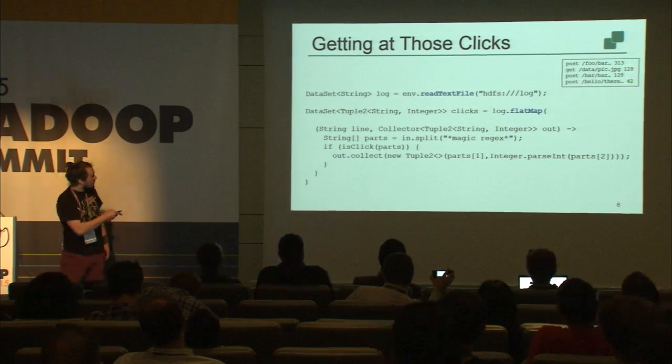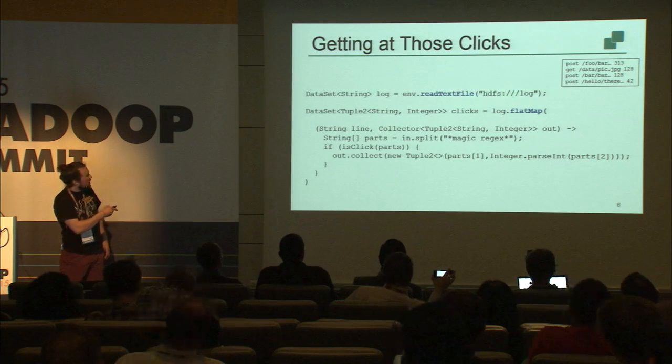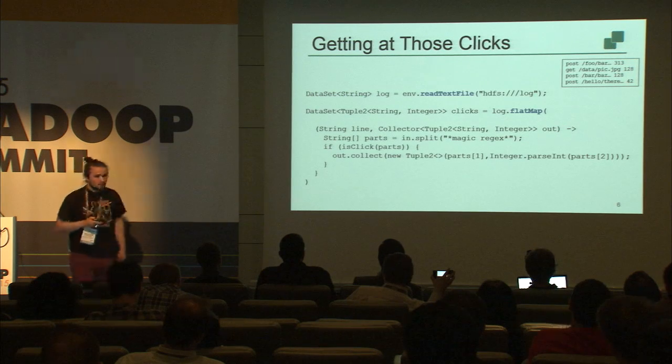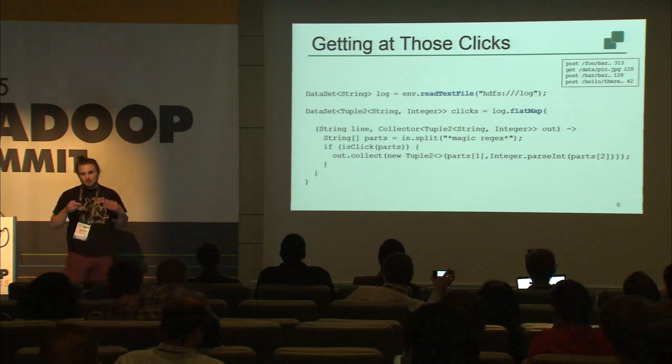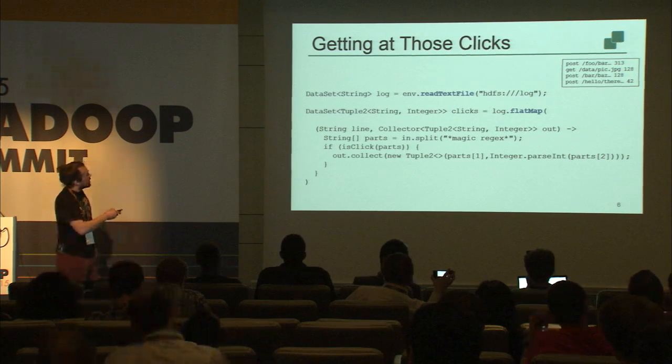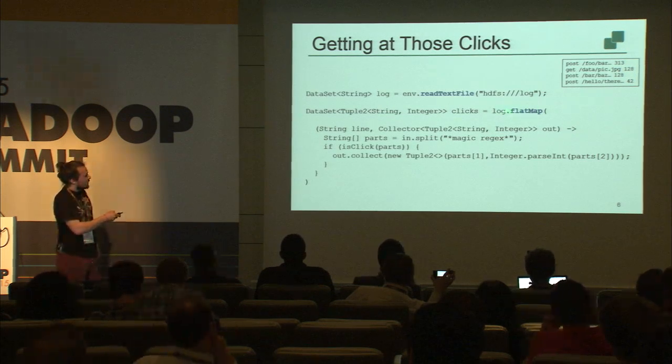So what we do is we have this environment, then we call read text file on it, give it some address where we want to read from, and this gives us an initial data set. This is a distributed collection of strings that represents this log file that we read. And on this, we then do this flat map transformation.